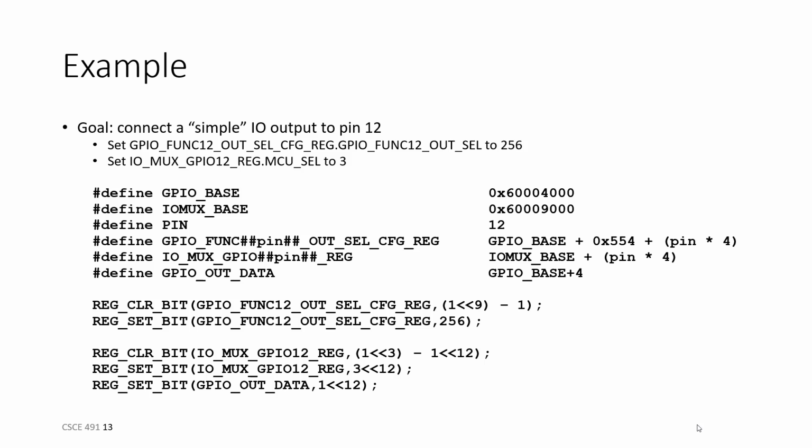So for example, in this case, we have the GPIO base, the IO mux base, pin 12, and then this can actually take pin 12 and incorporate it as part of the define. You can also use the pin as part of the definition to calculate the address. That's just a trick to set up these constants for the address. And then remember that we're using reg clear bit and reg set bit, essentially, to set all of these control registers.